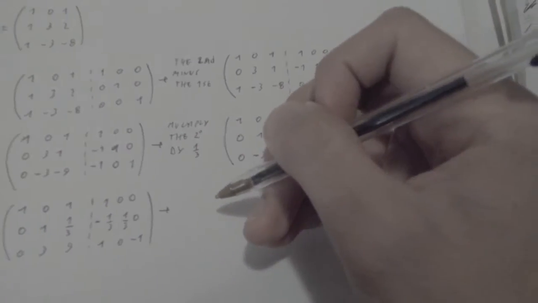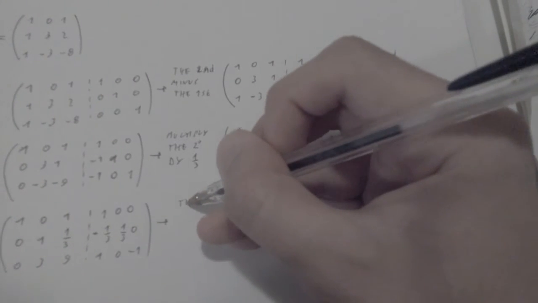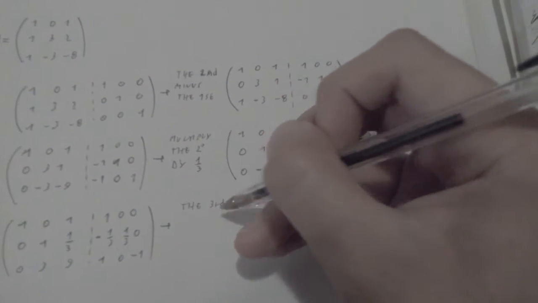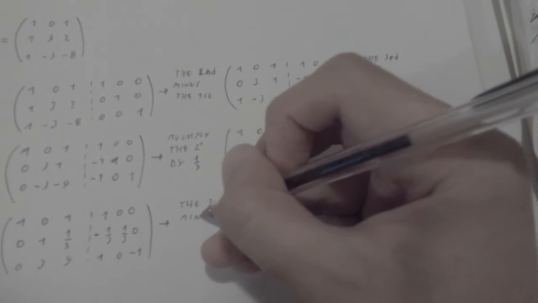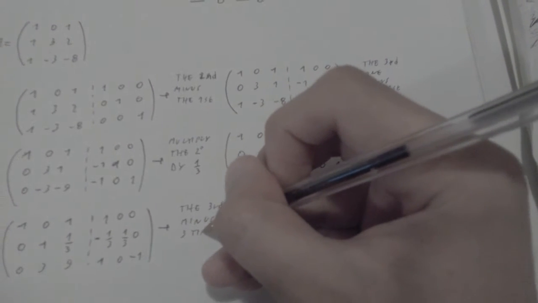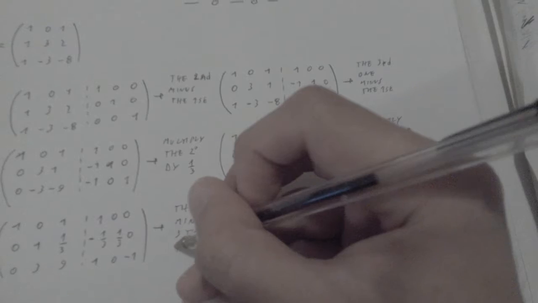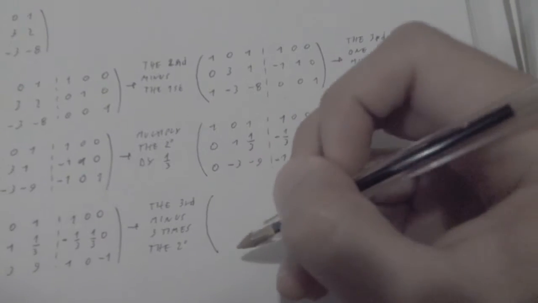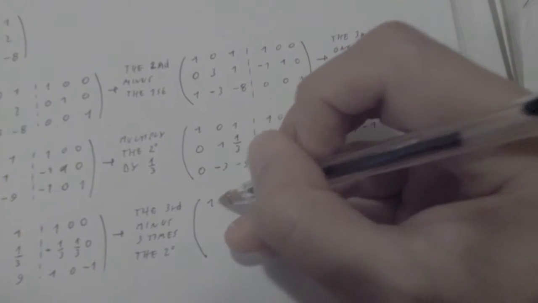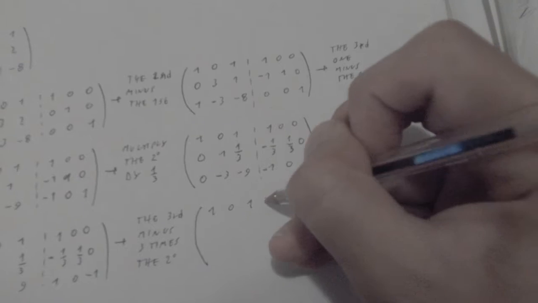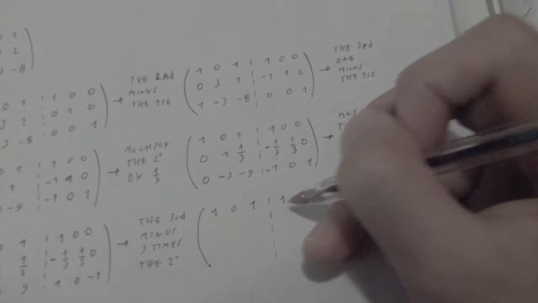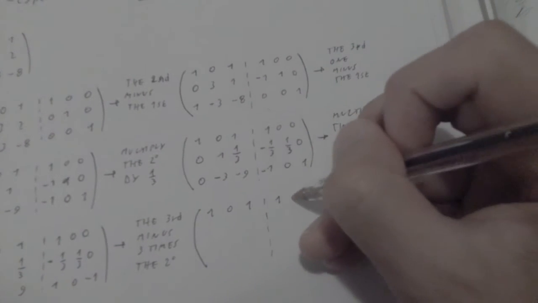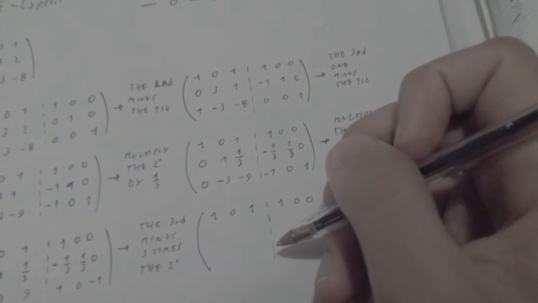And then I'm going to do the third minus 3 times the second. So it's going to be 1, 0, 1, 1, 0, 0.